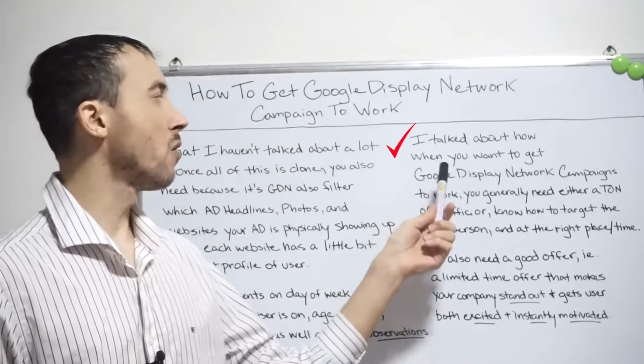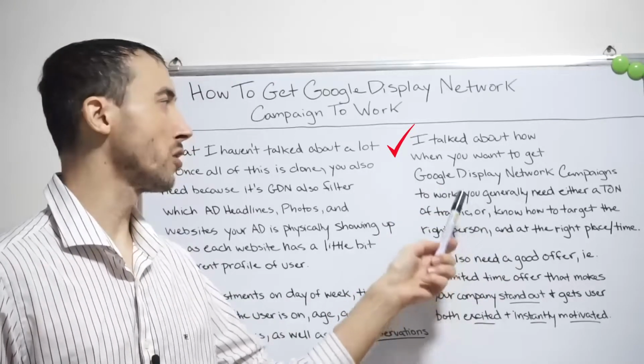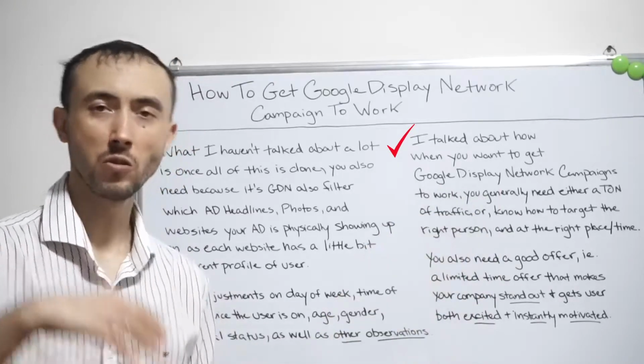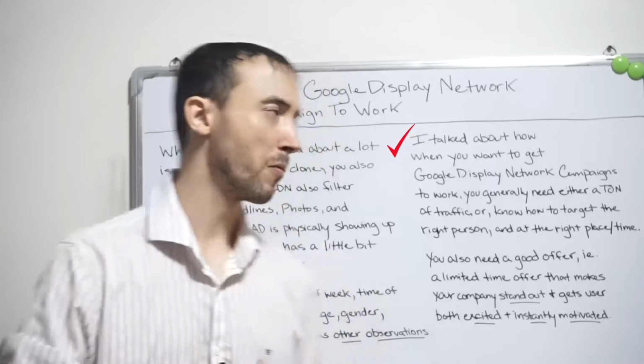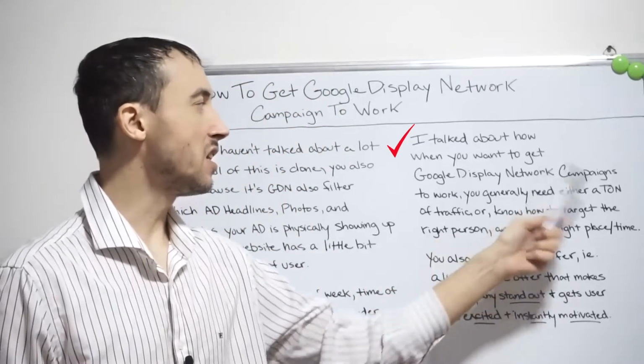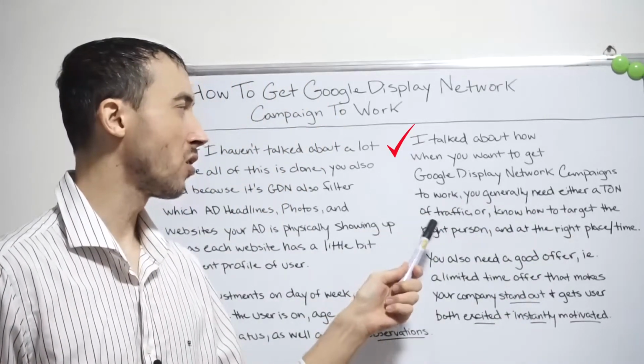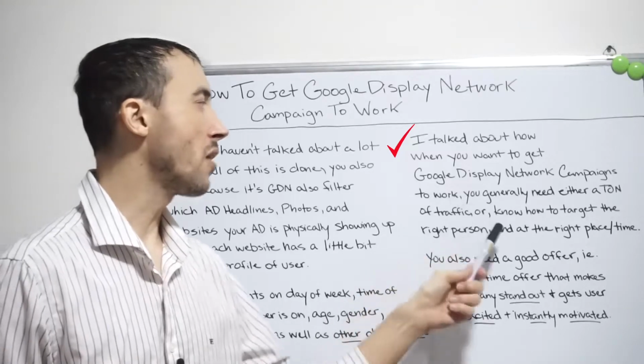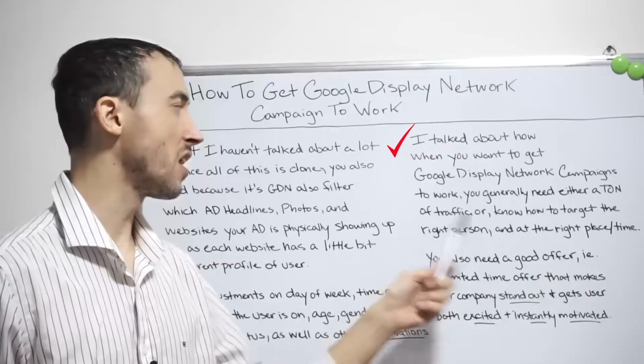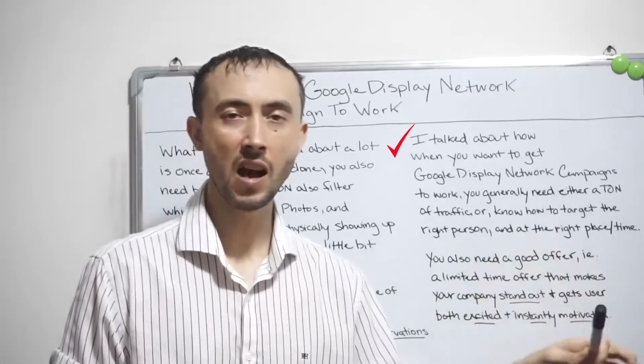I talked about how, when you want to get Google Display Network campaigns to work, and this was in the very last video that I released, you generally need either a ton of traffic or to know how to target the right person at the right place or time.